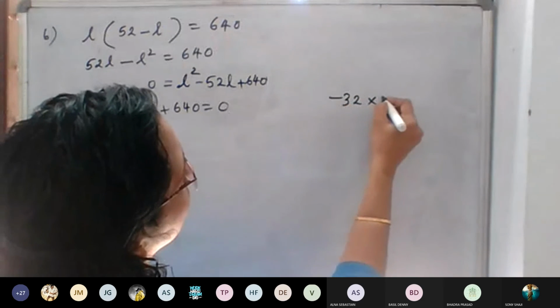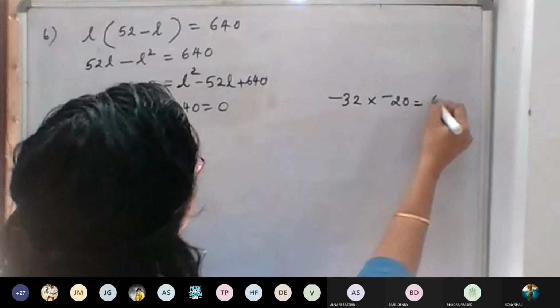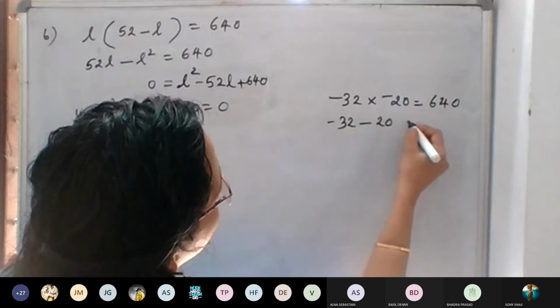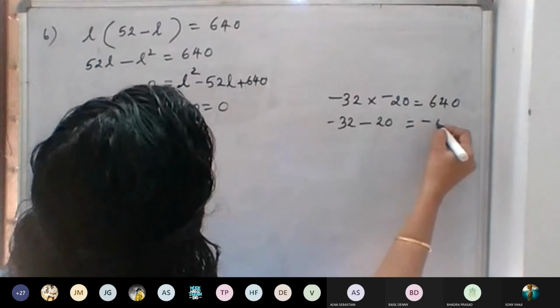Minus 32 into minus 20 is 640, and minus 32 minus 20 is minus 52.